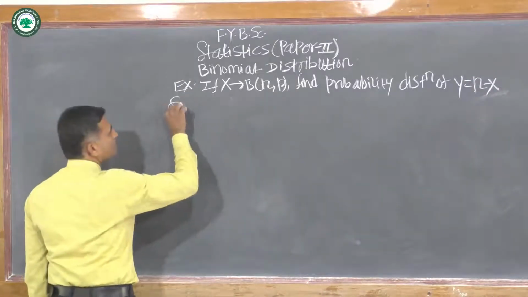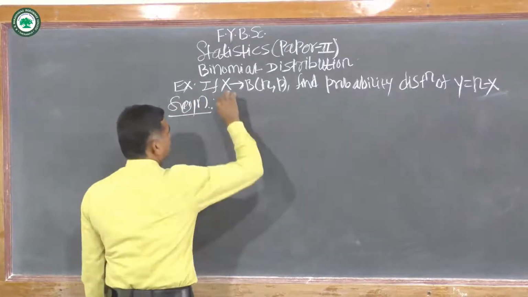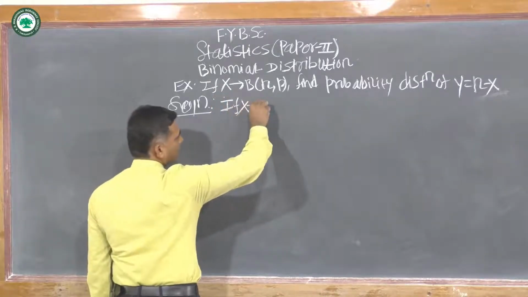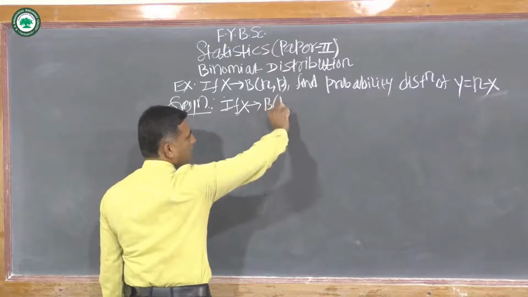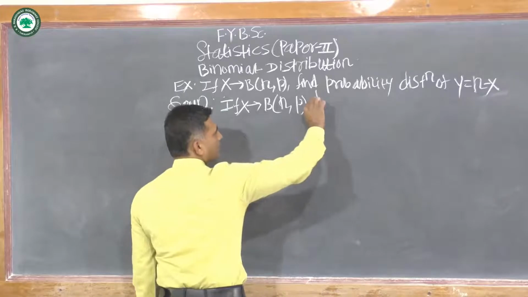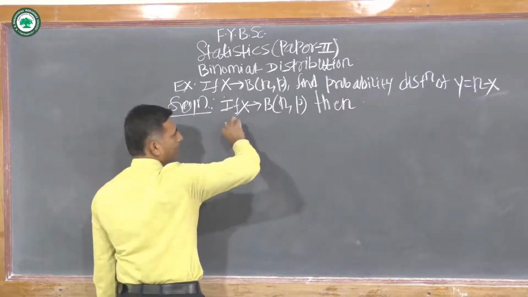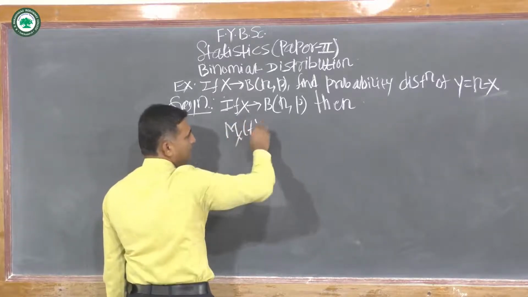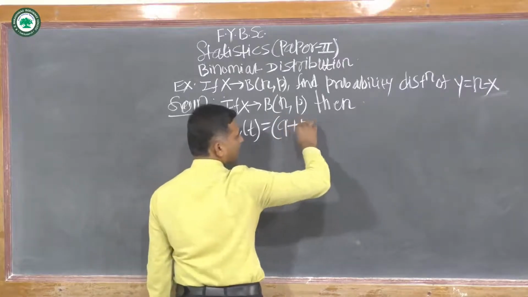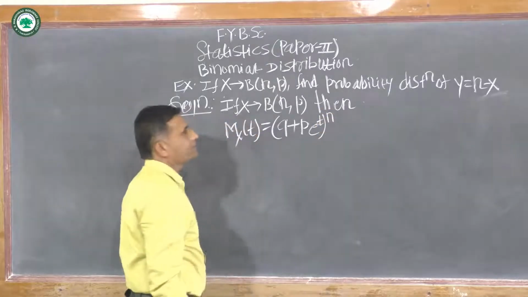Now the solution of this problem is: if X follows binomial distribution with parameters n and p, then its MGF is MX of t equal to (q plus p e raised to t) raised to n.